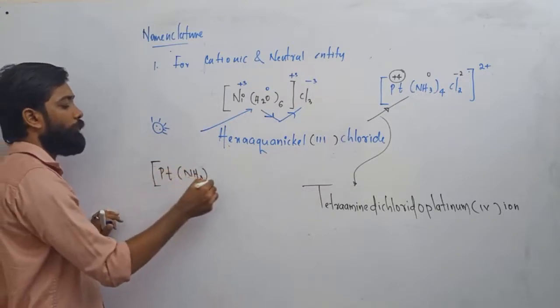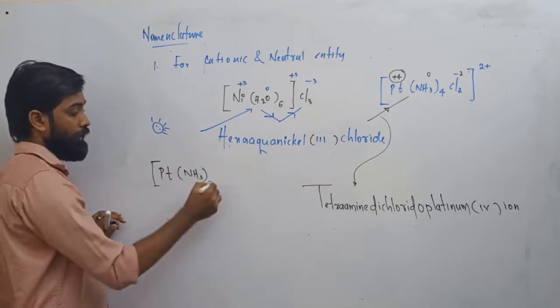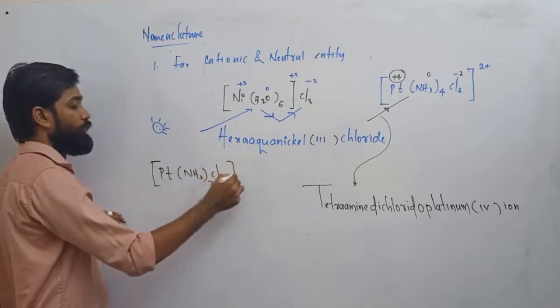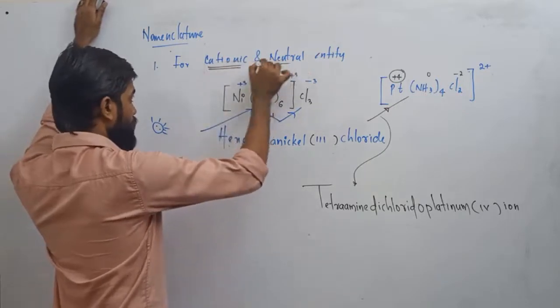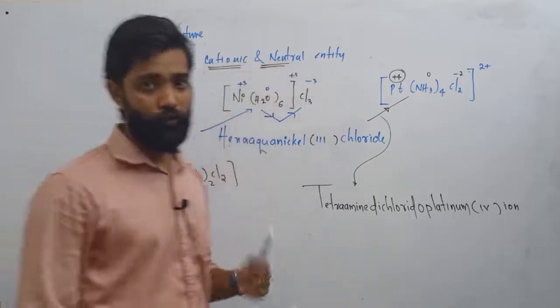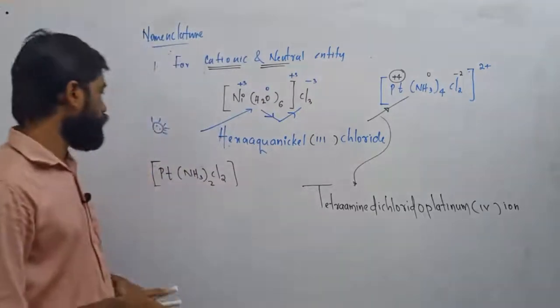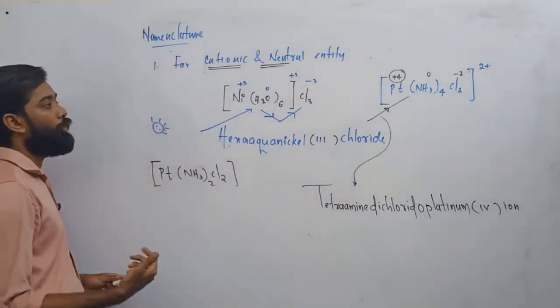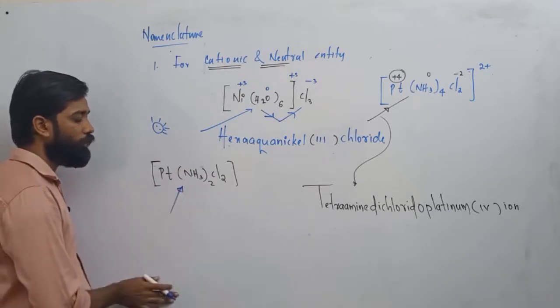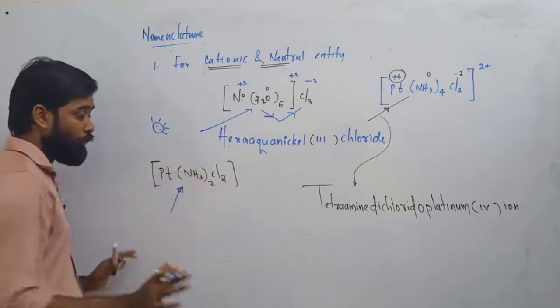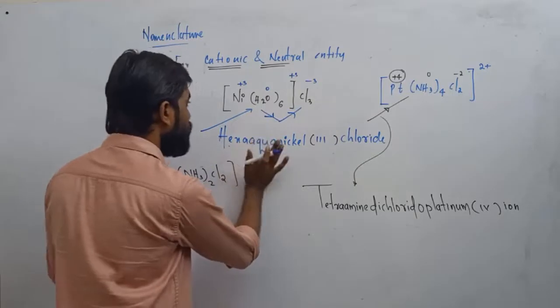A neutral entity. Pt, NH3 twice, Cl2. This is a neutral entity. The nomenclature of cationic and neutral entities is alike, which means similar. Ready? So, to name a neutral entity, what's the difference? Listen. In case of your neutral entity, there is no counter ion on the left or right.